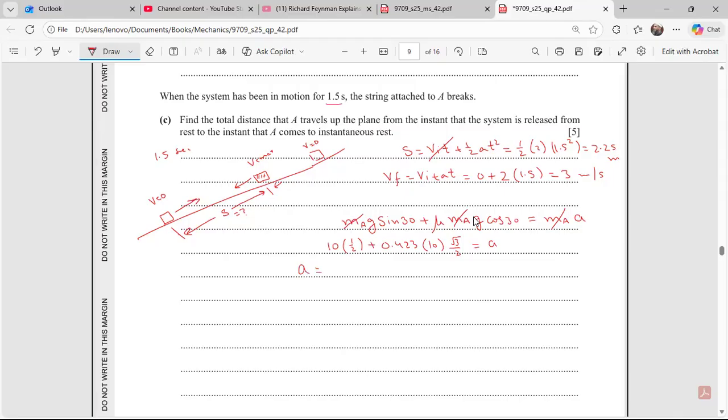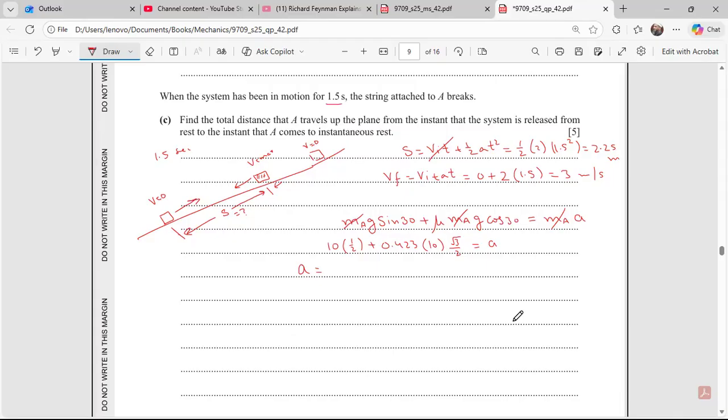So let me calculate this quickly. It is going to be 5 plus 0.423 times square root 3 over 2.